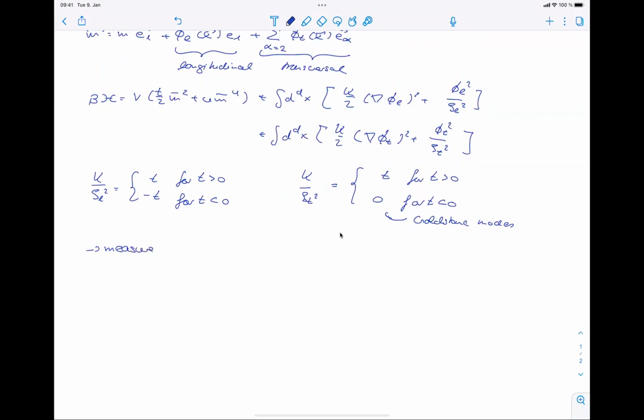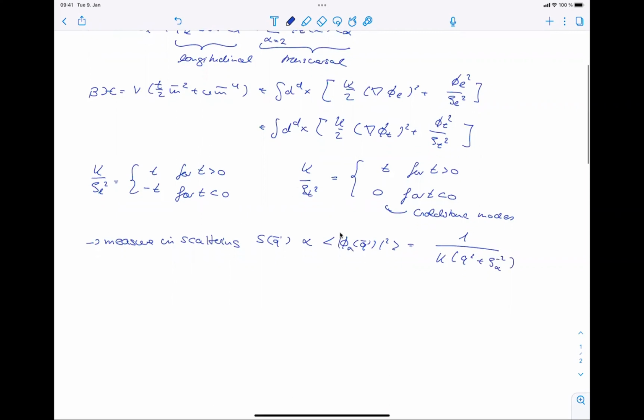Namely, we can measure them in scattering experiments, where the scattering amplitude as a function of the wave vector is directly proportional to the autocorrelations of these fluctuations, again in Fourier space, and these then relate to (kψ)² plus ψ to the power of minus 2.